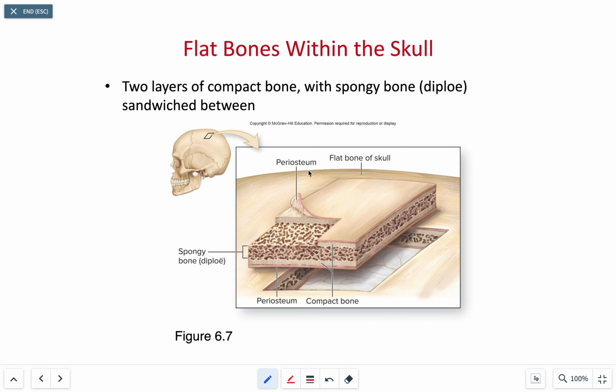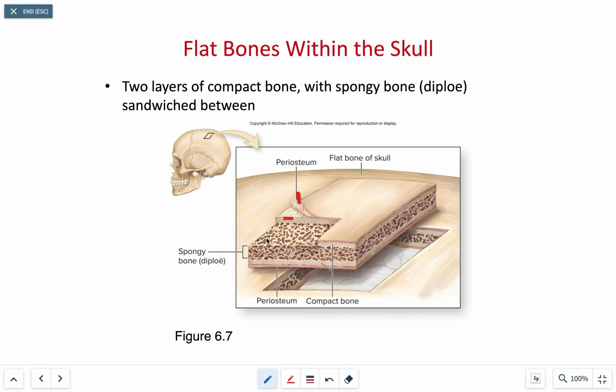This next slide is just a simple way of looking at compact versus spongy bone. This is an example of a flat bone, such as the skull. We have the periosteum layer, or the outer shell. Then we have a layer of compact bone, which is dense and solid.